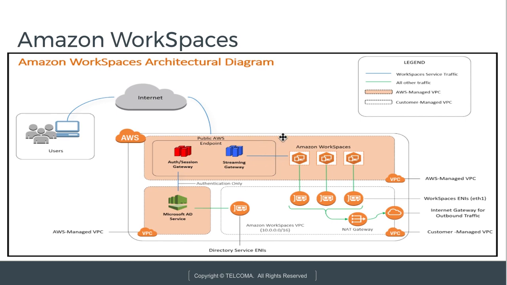This color shows the AWS managed VPC and this is the customer managed VPC. So the Amazon WorkSpaces architecture shows how the users are connected to WorkSpaces which are in the AWS managed virtual private cloud.